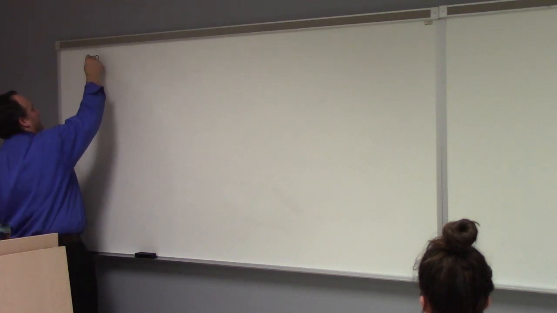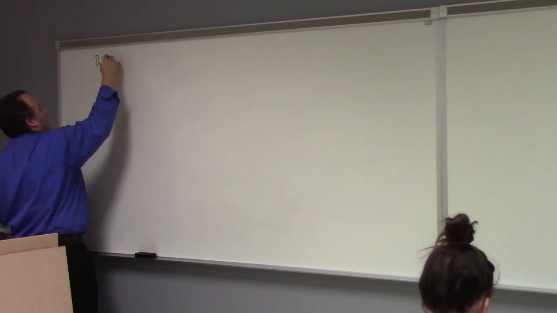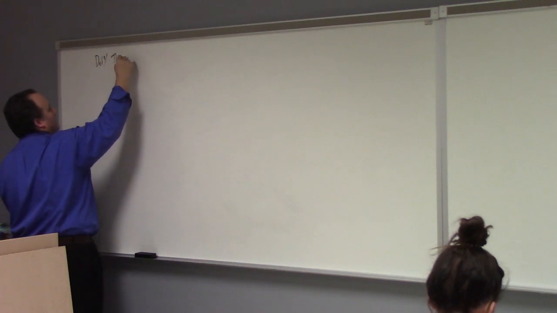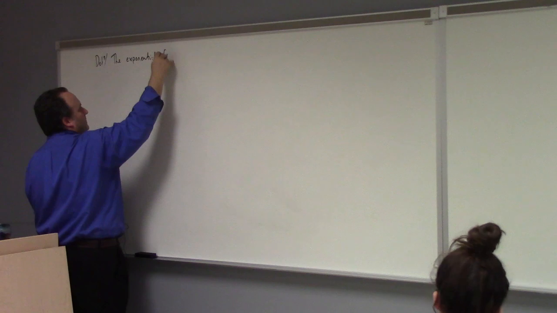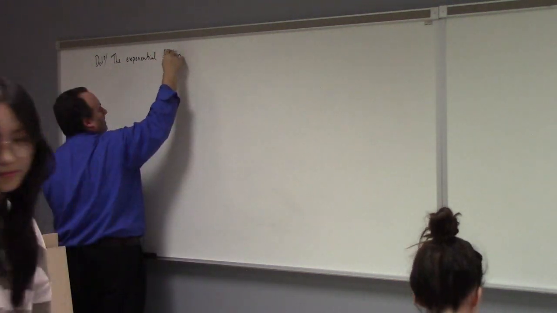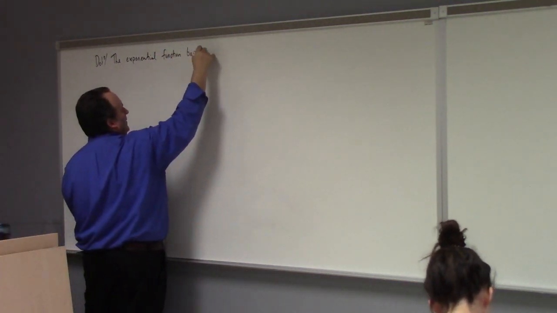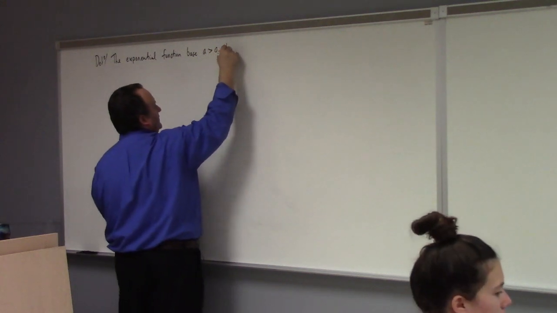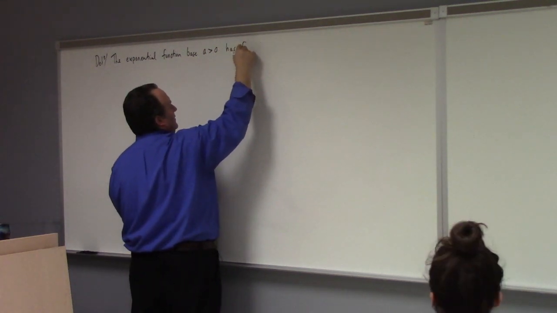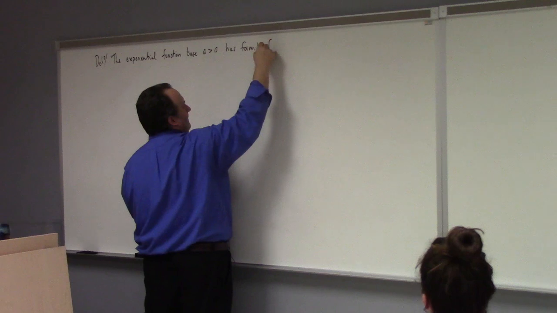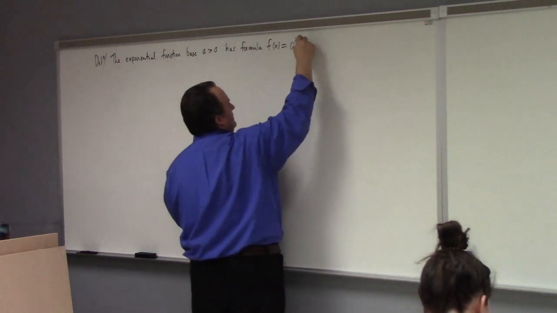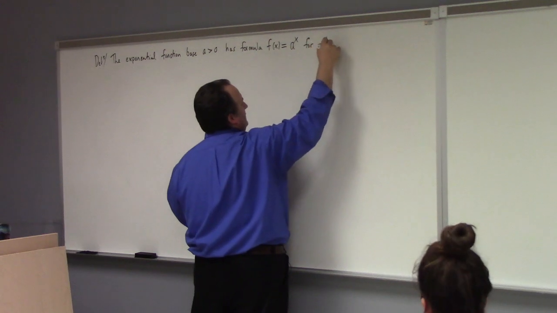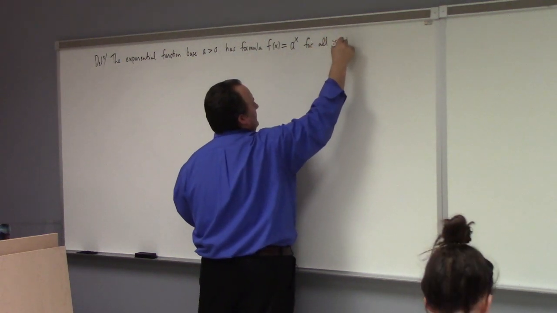And here's the definition. The exponential function base a greater than 0 has formula f of x equals a to the x for all x in the reals.